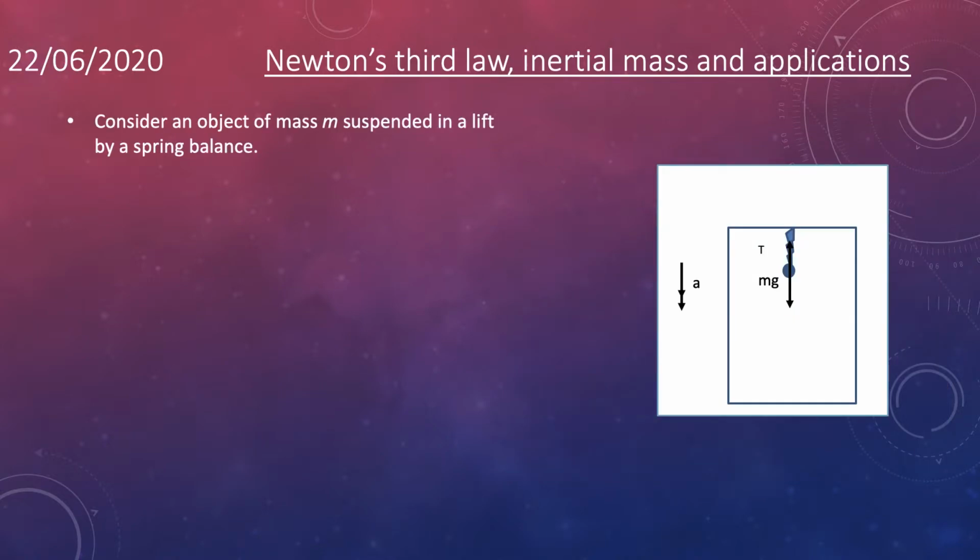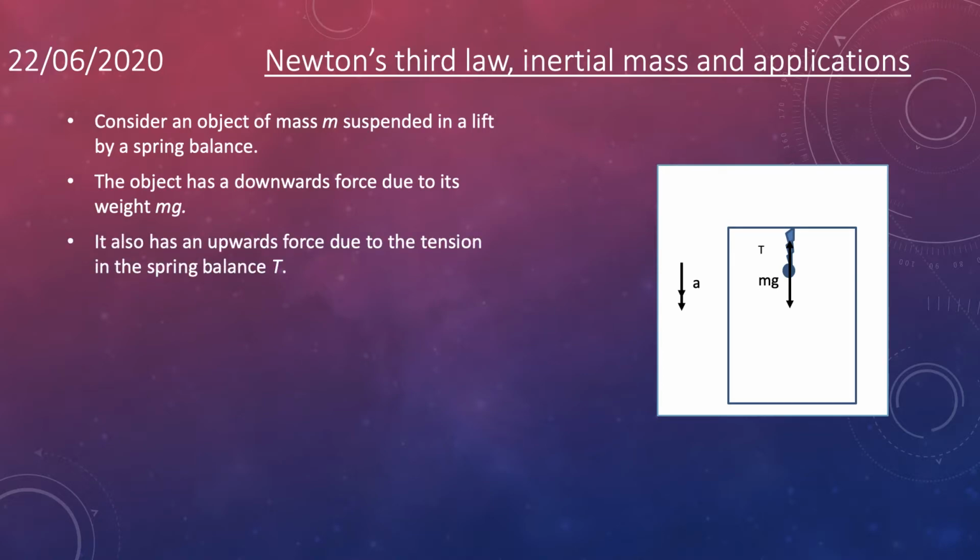So we consider an object of mass m supported in a lift by a spring balance. I've got a wonderful picture that I've done in Word there. There is a mass on a string, tension going upwards, and weight going downwards. There is a downwards force due to its weight, mg, and an upwards force due to the tension of the spring balance, T. The lift accelerates at acceleration a.